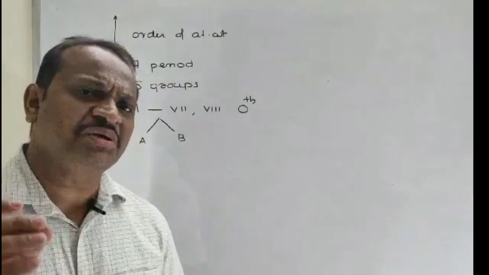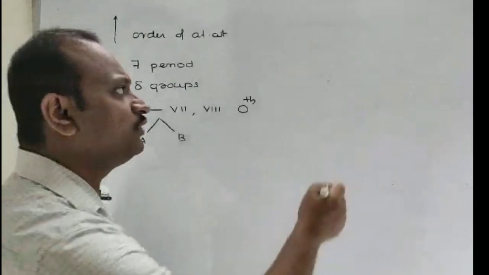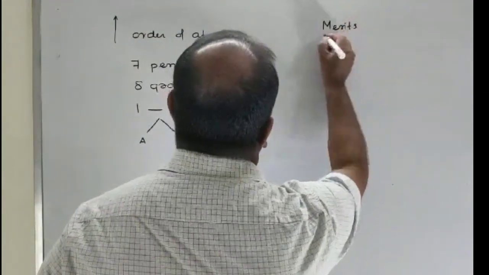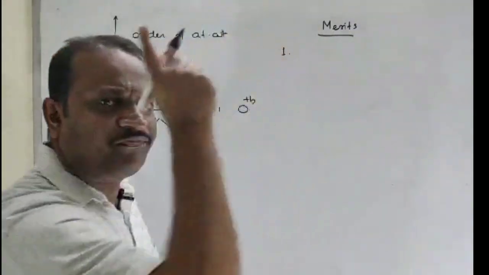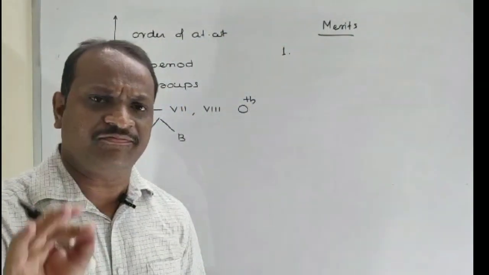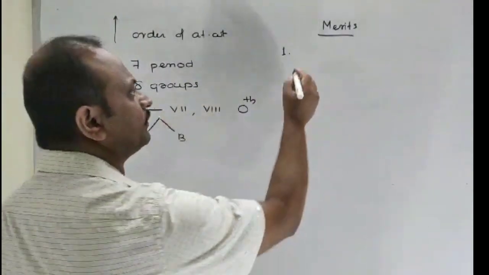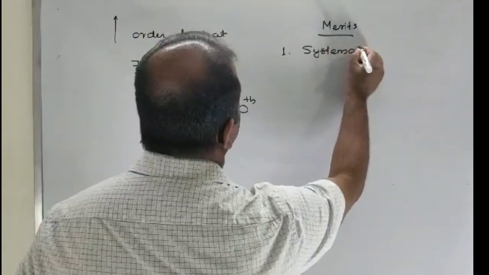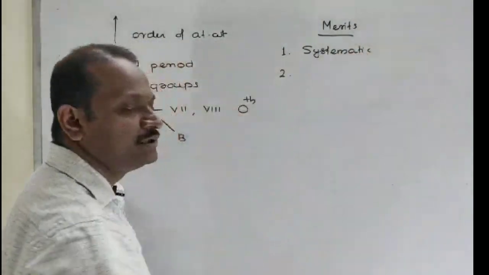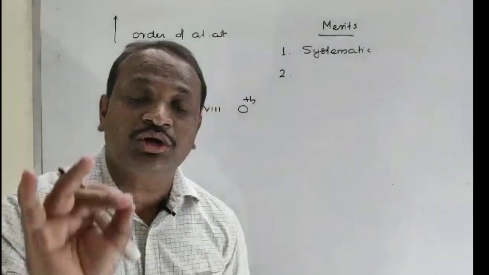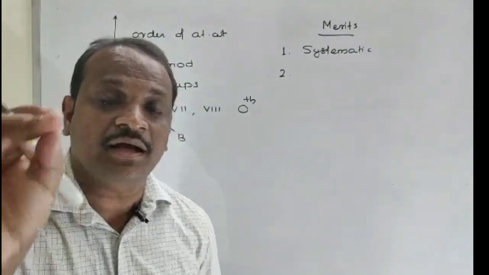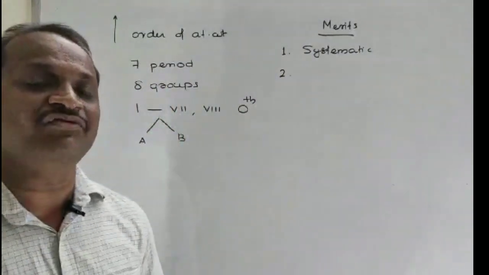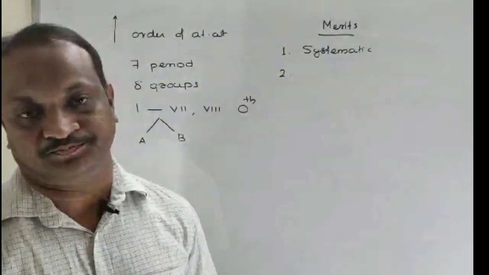Now let's see the merits and demerits. First of all, let me number the merits. First merit, this was the first systematic periodic table. Second point, he could correct the wrongly assigned atomic weight of certain elements. For example, at that time beryllium was assigned an atomic weight of 13.